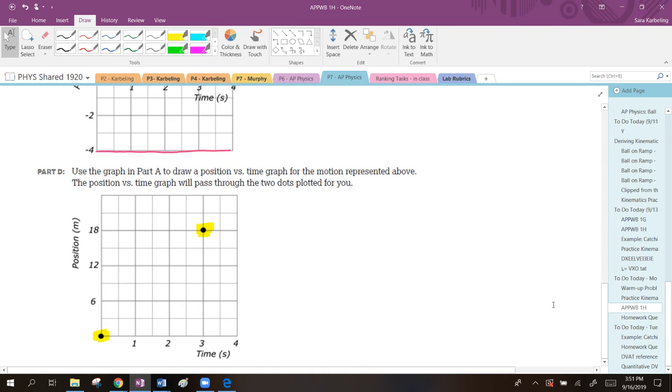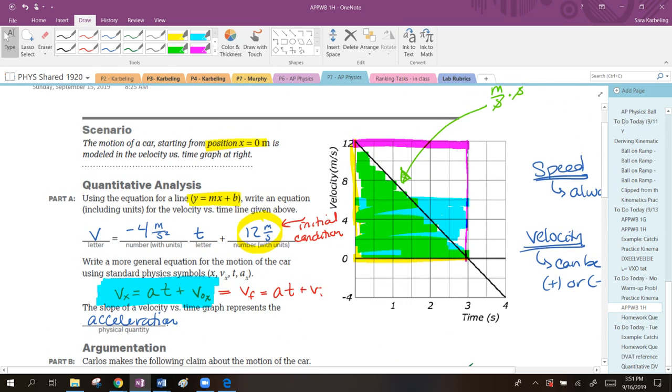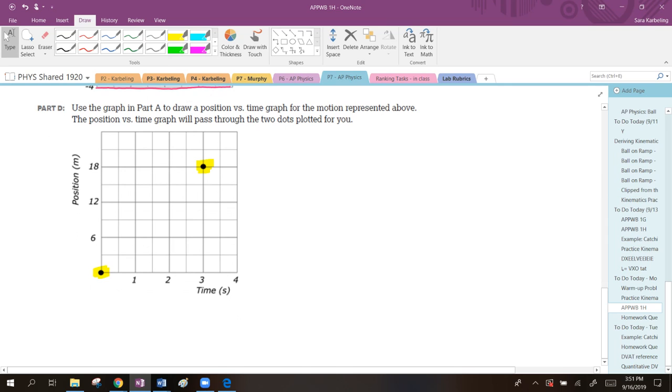That means that the slope should be the greatest where? Do you understand what I'm asking? Yes. The velocity is the greatest right here at t equals 0. So that means that the slope of the velocity versus time graph should be the greatest where? Near the beginning, right? So you should have a big slope here.